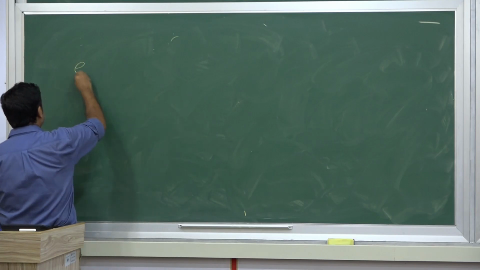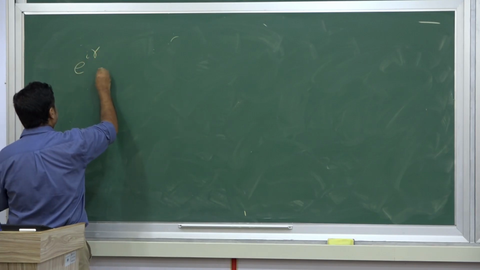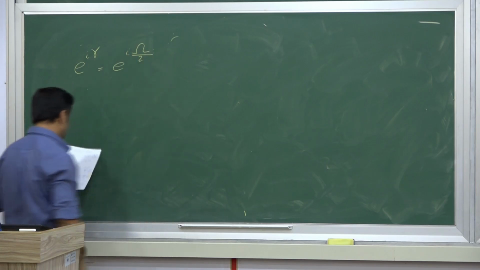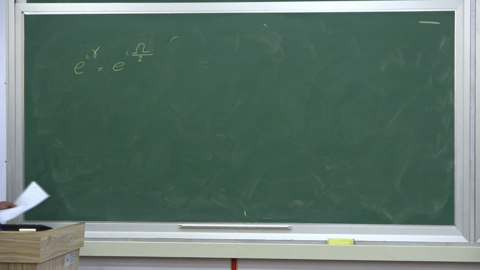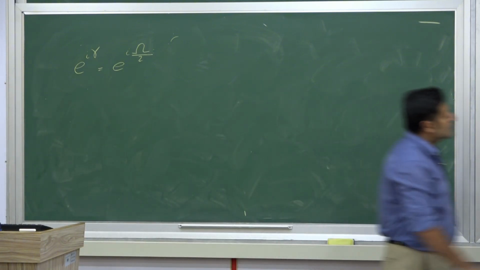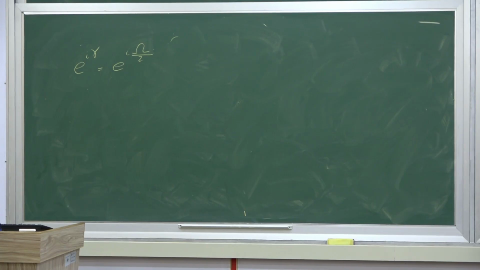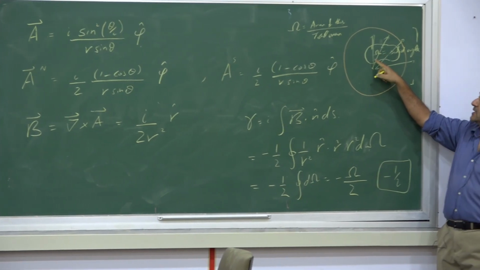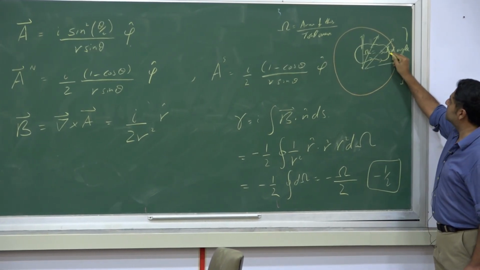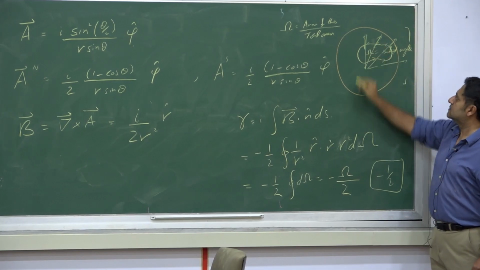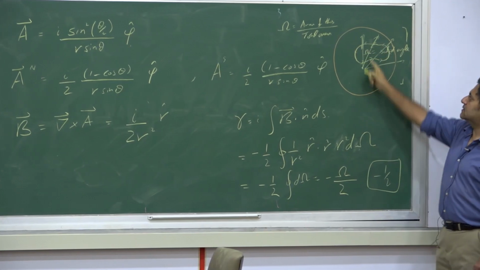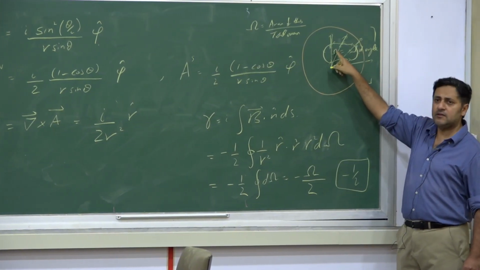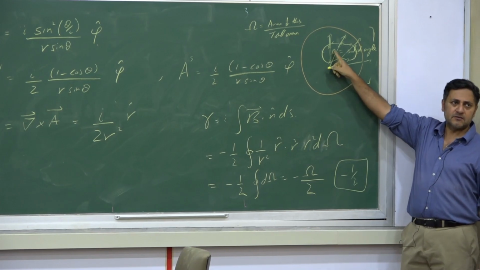So the Berry phase itself is going to be this. But remember, how did I get this flux? I got this flux by use of Stokes theorem. I said I go around this, and I apply the Stokes theorem, convert this line integral to a flux through this.